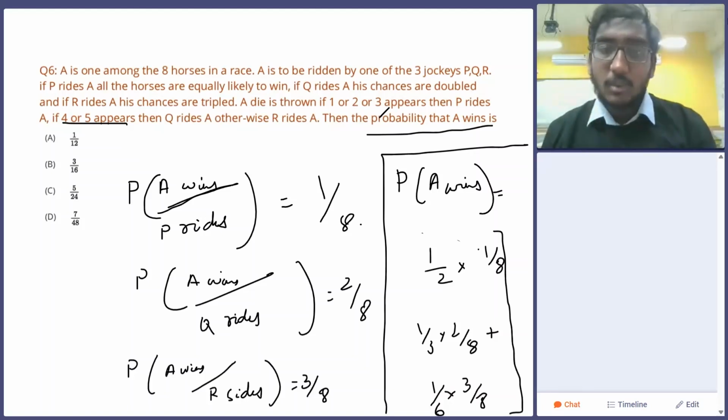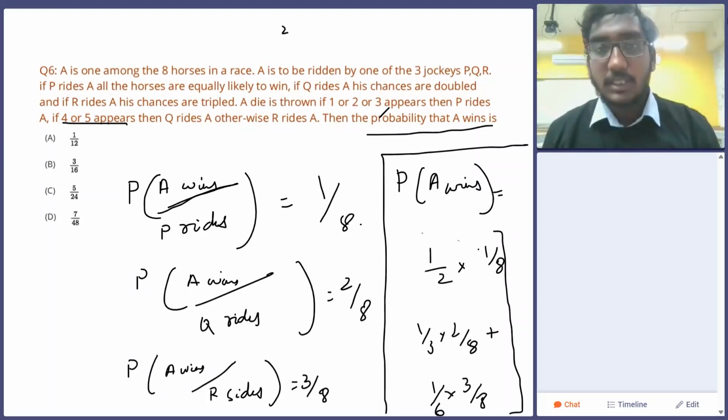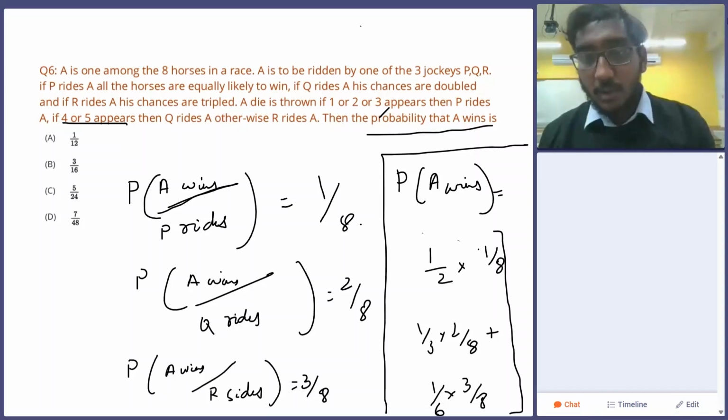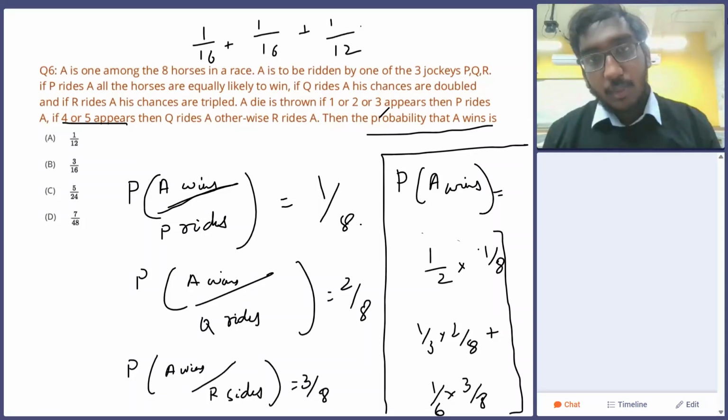Okay. So it will be basically 1 upon 16 plus 2 upon 16 plus 1 upon 16. That is 2 upon 16 plus 2 upon 16. Right? Am I right? I'll just check it. No, it's not correct. Wait. What is the addition of all these? 1 upon 16 plus 1 by 12, not 16.